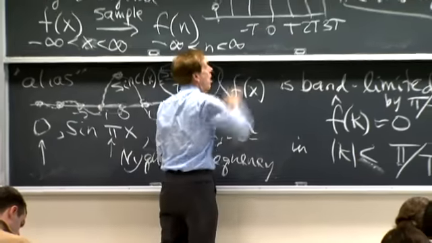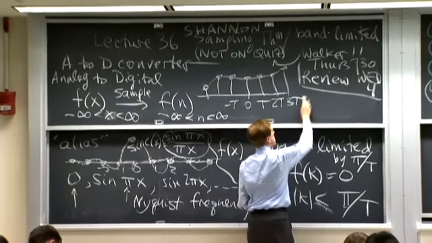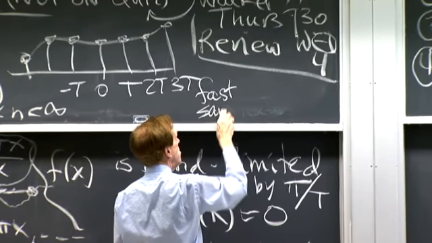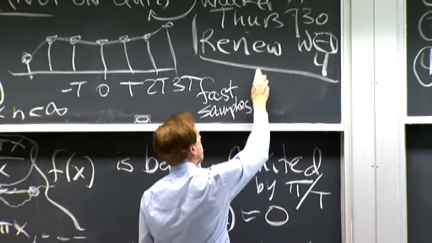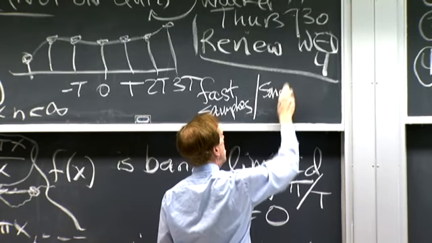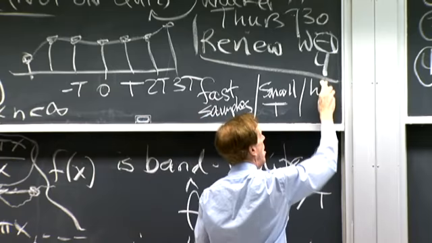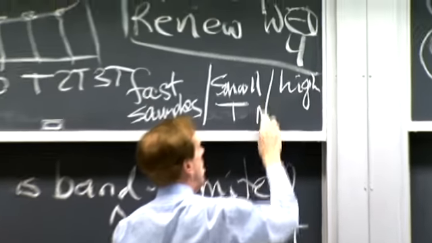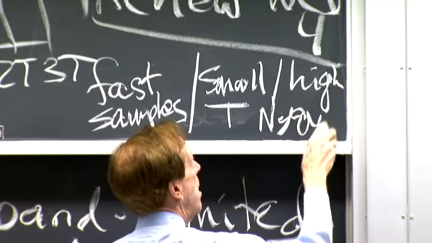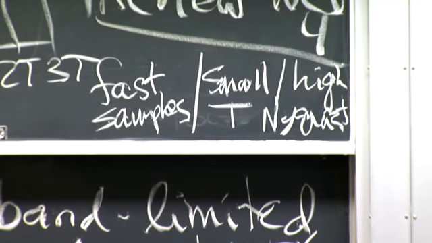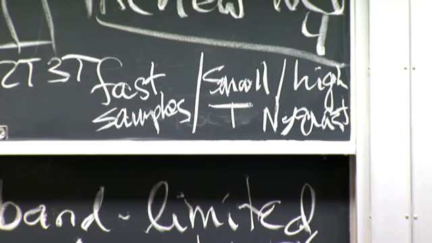If I sample more often, so fast sampling would be small T, then I get a higher Nyquist limit, a higher band limit, more functions allowed. If I sample more often, I'm able to catch on to more functions.